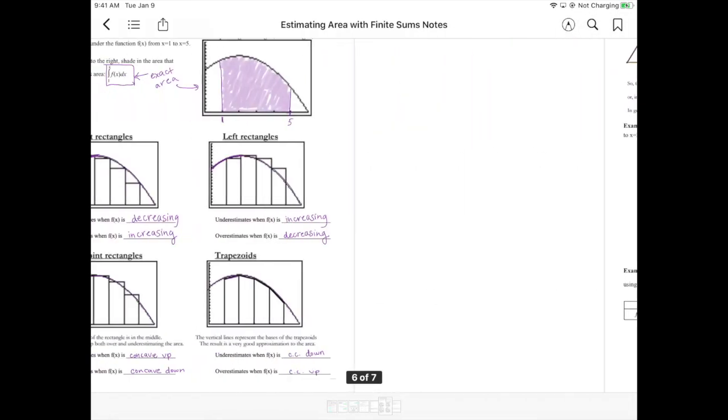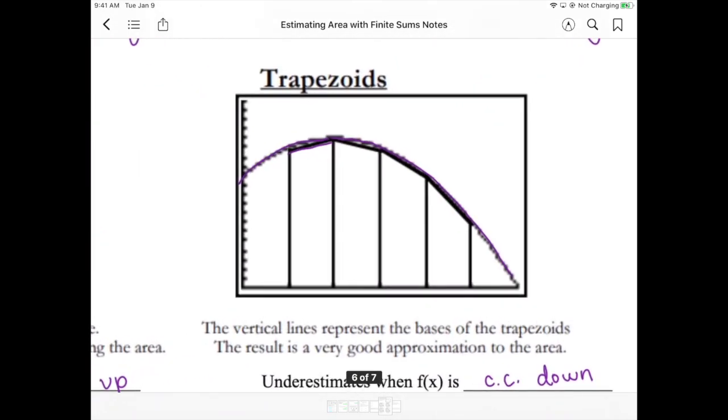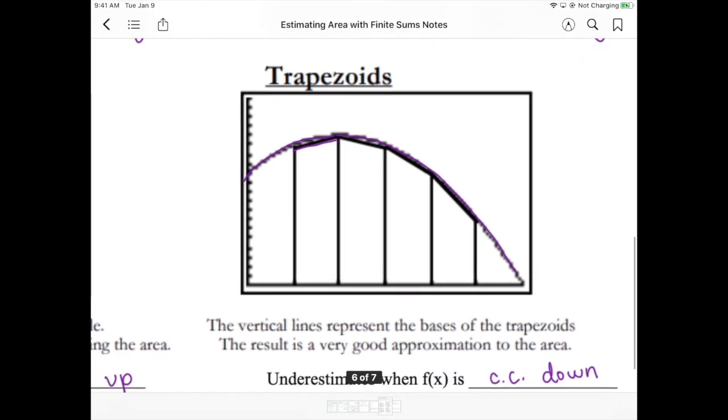So what is happening, if I were to add up these heights, H1, H2, H3, H4, and H5, these heights on the inside share, they are heights for 2 trapezoids. So H2 gets counted both for this first trapezoid, and it also gets added for the second trapezoid.